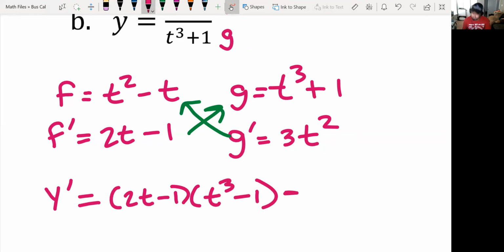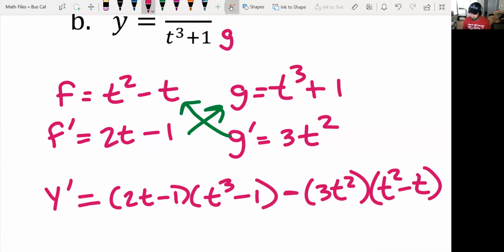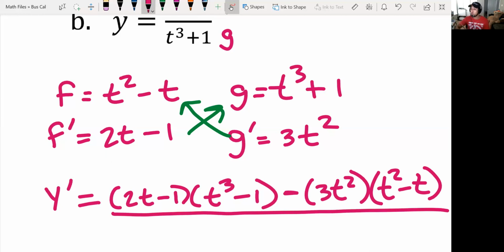So minus, because that's part of the quotient rule, minus, and I'll just put parentheses on everything. 3t squared and t squared minus t over the original denominator of t cubed plus 1 squared. And I realize that here should be a plus 1. There we go. 2t minus 1, t cubed plus 1, minus 3t squared, t squared minus t.